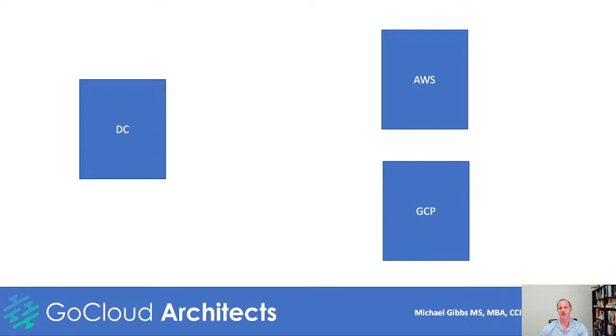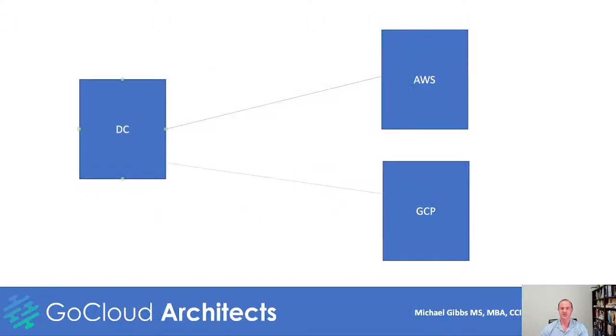Let's say we've got direct connections to one on AWS and another direct connection to GCP. And we're using multi-cloud because we don't trust one cloud provider. We want some redundancy. We're going to have a primary connection and a backup direct connection because we're not using the internet. Performance is too slow for us. So let's say we have this.